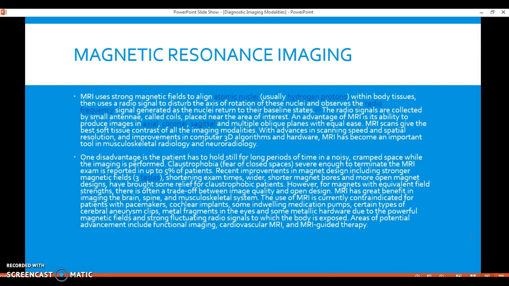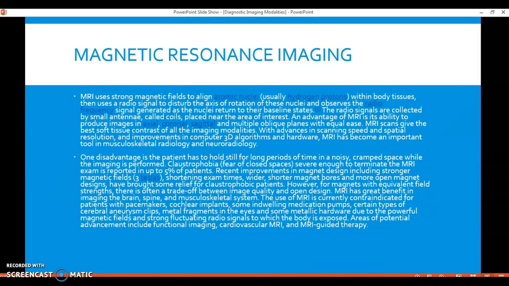Magnetic resonance imaging, also known as MRI, does not use ionizing radiation to acquire its images, unlike radiology and CT and nuclear medicine. They actually use strong magnets.